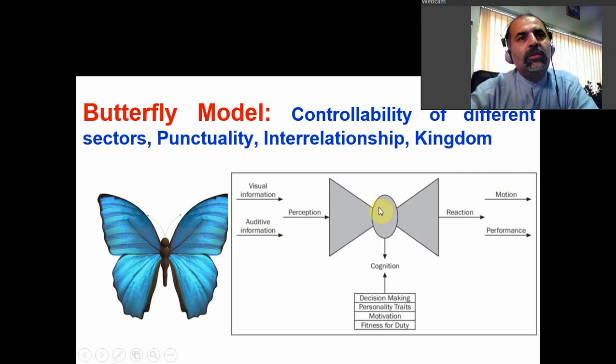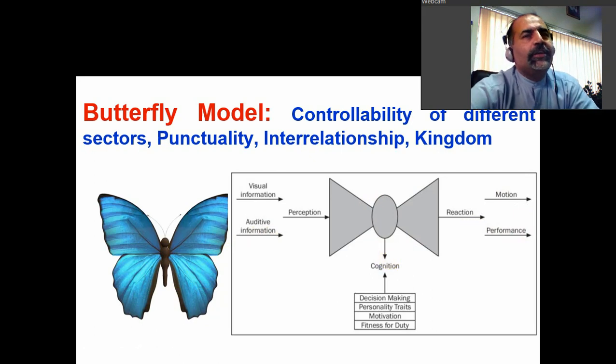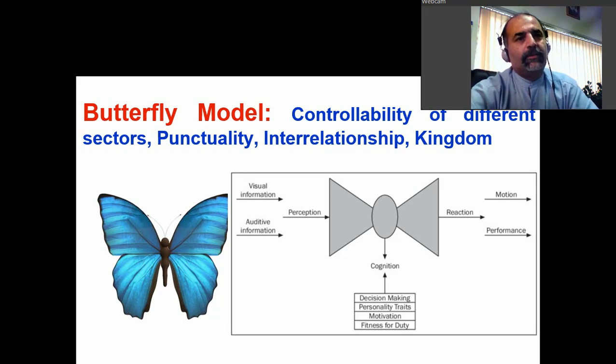What is between these two parts, between these two wings of the butterfly? It is called cognition. This is called cognition, which is taken from decision making. And the decision making itself is based on many other criteria.